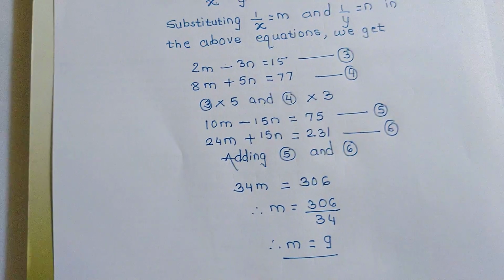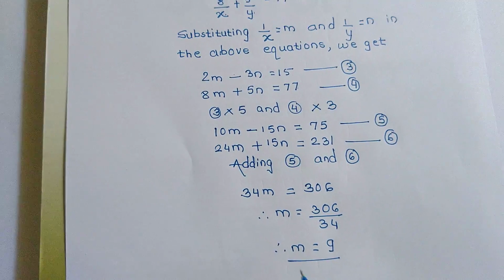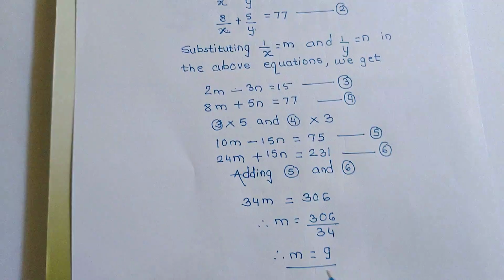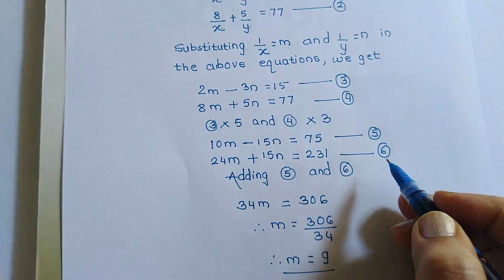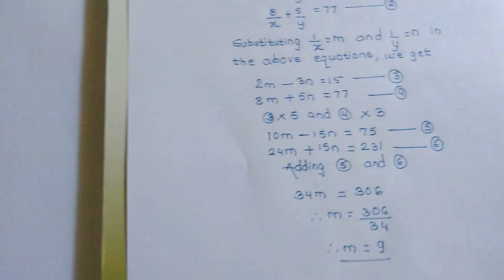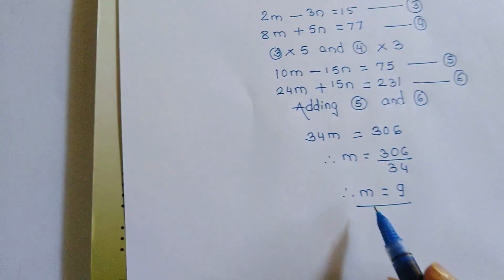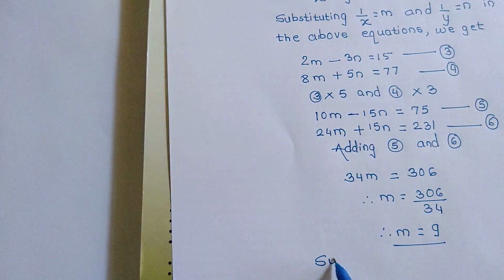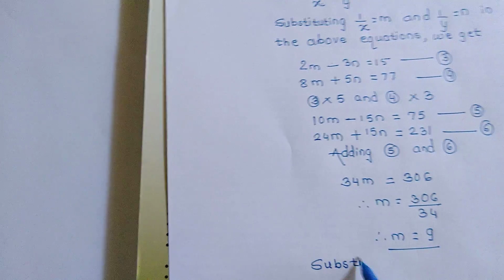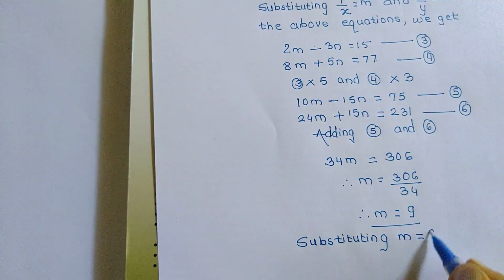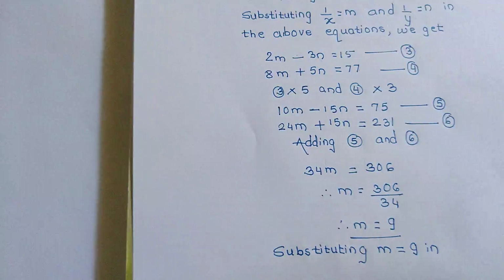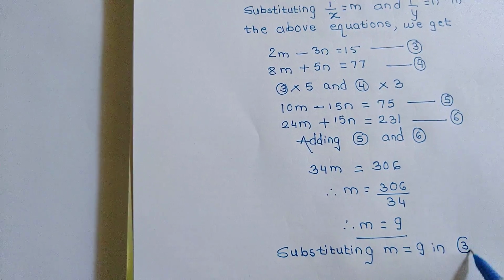Now to get the value of the second unknown variable, we have to substitute m equal to 9 in equation 3 or 4 or equation 5 or 6. Whichever is convenient for you, you can substitute the value of m equal to 9 in that equation. So next step, substituting m equal to 9, we'll put it in equation number 3.